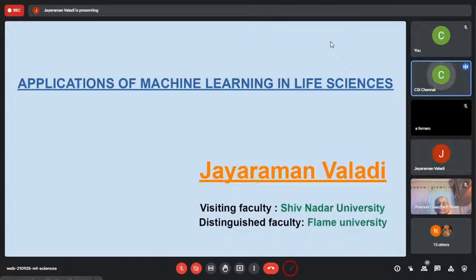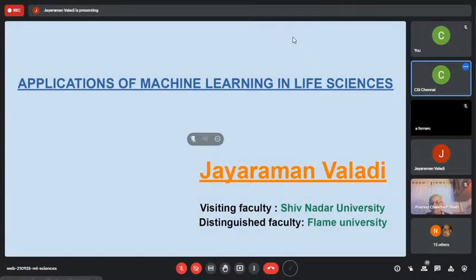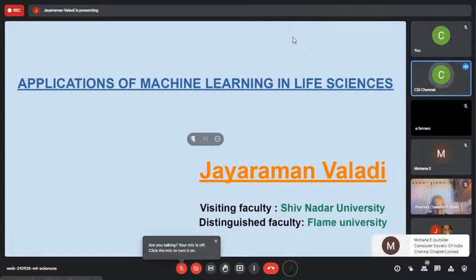Dr. Jayaraman did his bachelor's and master's degree in Chemical Engineering from Madras University and doctorate in chemistry from Pune University. He has been associated with National Chemical Laboratory Pune, a constituent laboratory of the Council of Scientific and Industrial Research, CSIR, India since 1976. Starting as a junior scientist in the Chemical Engineering Division of the National Chemical Laboratory Pune, he worked with... Currently Dr. Jayaraman is visiting professor at Nadar University and a distinguished professor at Flames University.